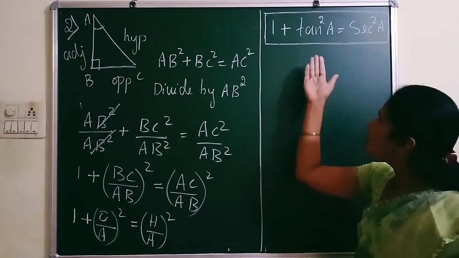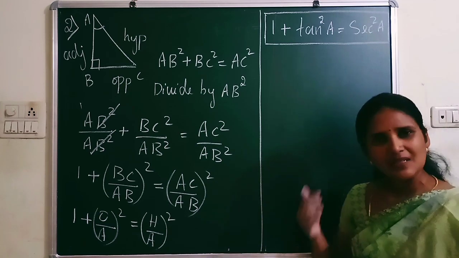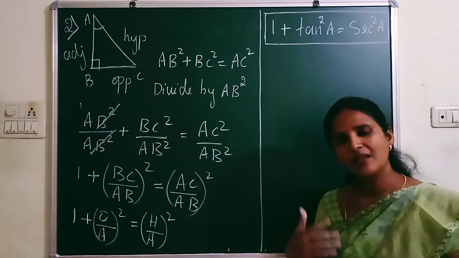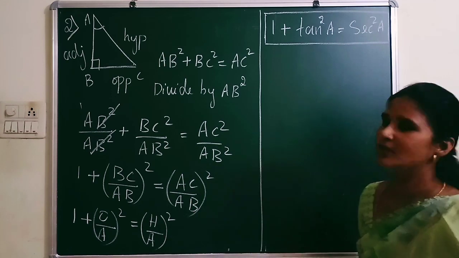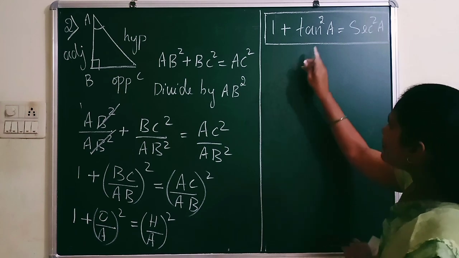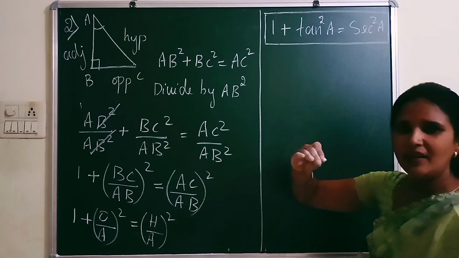Now let us reduce this identity to two more forms, because they are required if any question is related to this identity. So let us learn that. So 1 plus tan square A equal to secant square A is the main identity. From this what can I do?